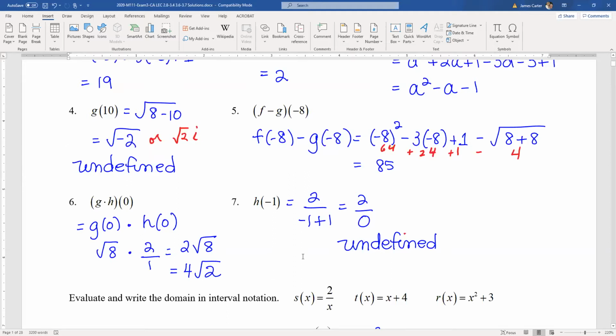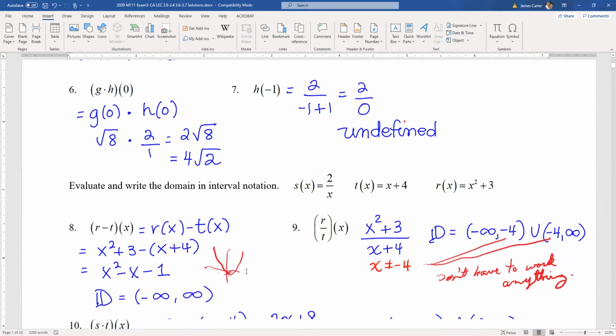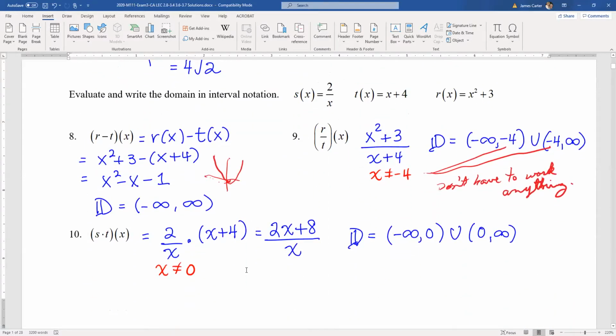Number 7, in this case, we take h and replace the x with -1. We get an undefined value. In these problems, we have to tell the domain of whatever it asks for.